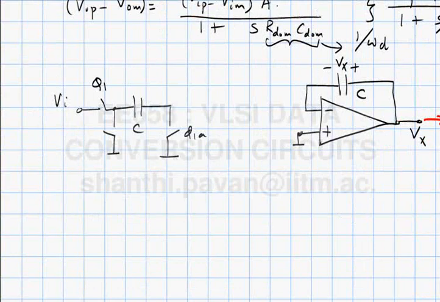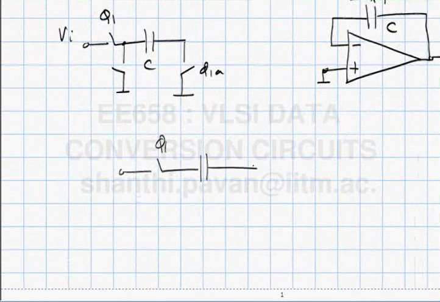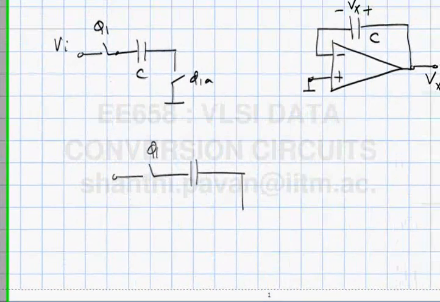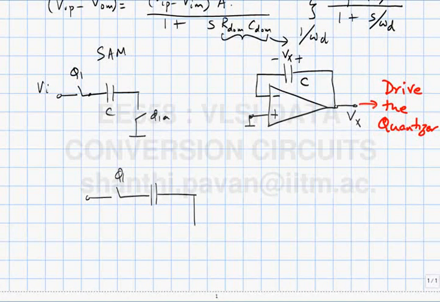What will you do? During one phase, you will sample the input signal. It's now the input is safely sampled and held as charge on a capacitor. The next job is to take this capacitor and flip it around an op amp. So a logical thing to do would be the following, which is during phi 1, this is the so-called sample and this is the so-called hold.